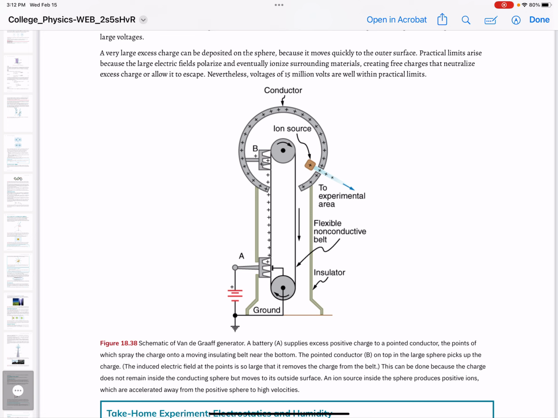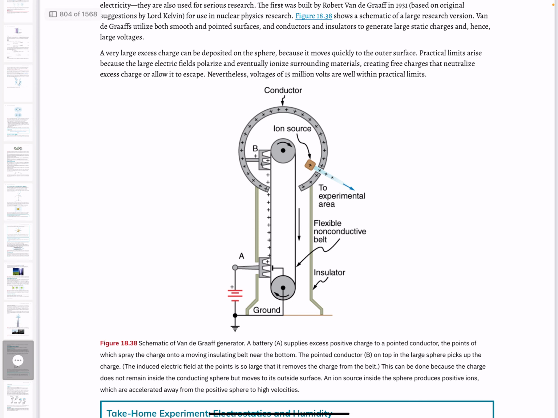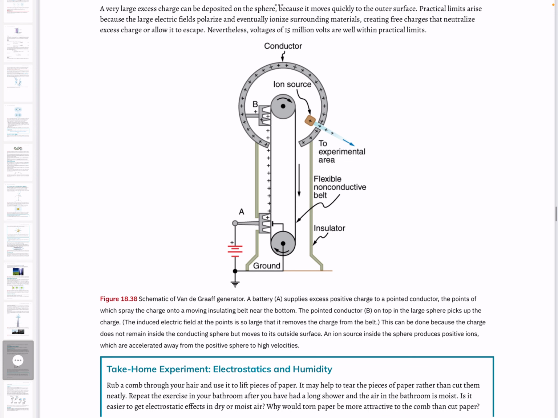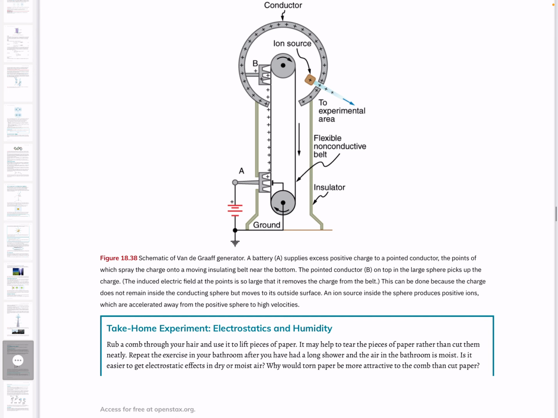They say here you can get up to 15 million volts, and that's about what we were getting. It was genuinely used for particle physics experiments.